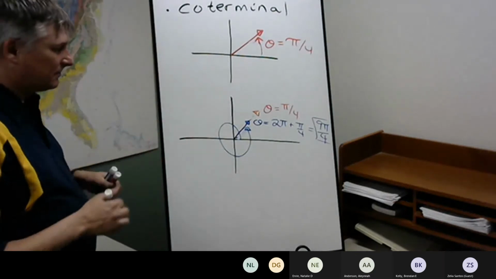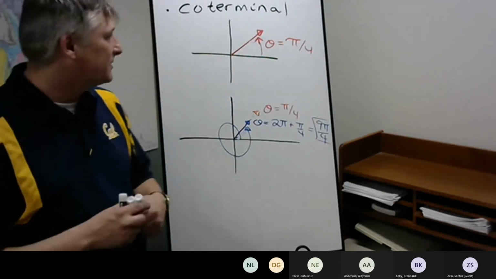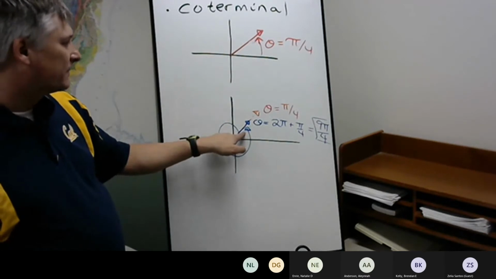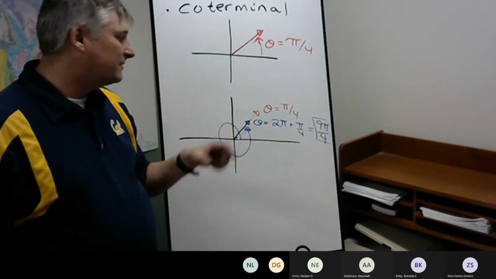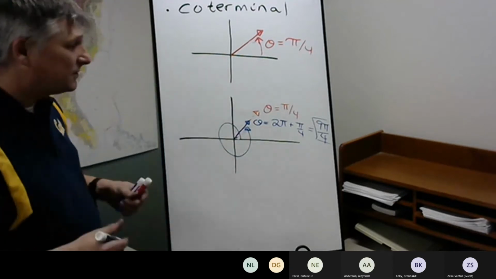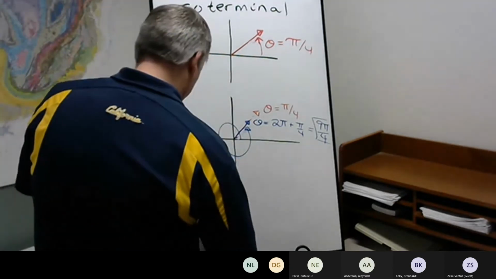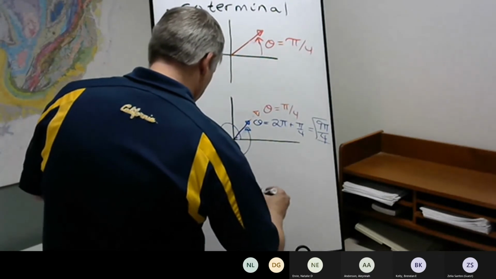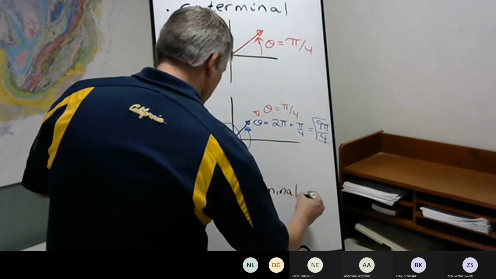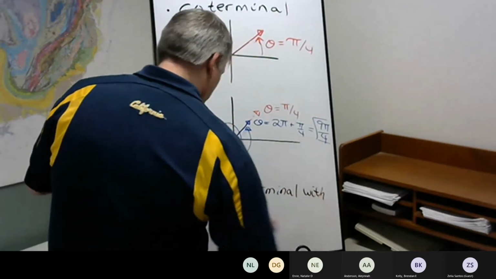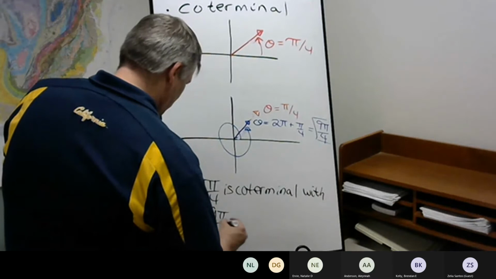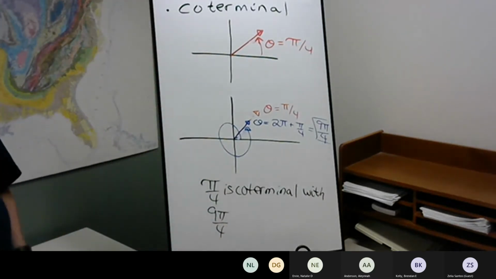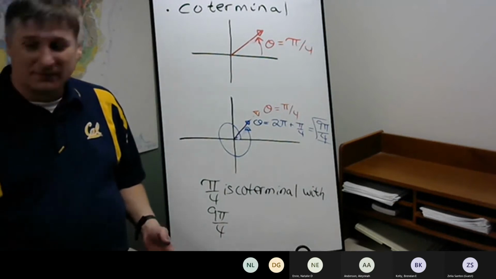So what this means is that the terminal side for both these angles, for pi over 4 and for 9 pi over 4, the terminal sides of these angles overlap. So we say these are coterminal. So any questions about that?